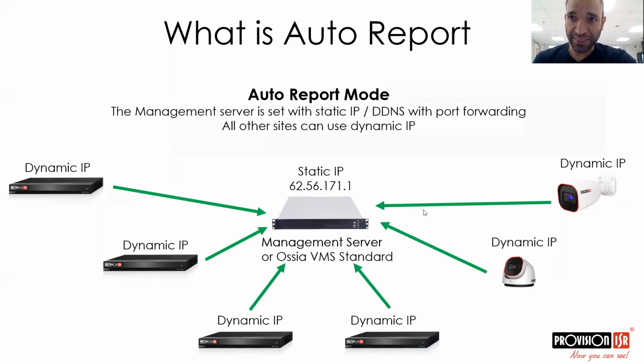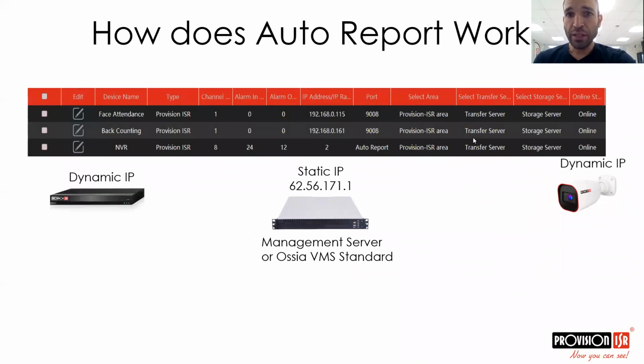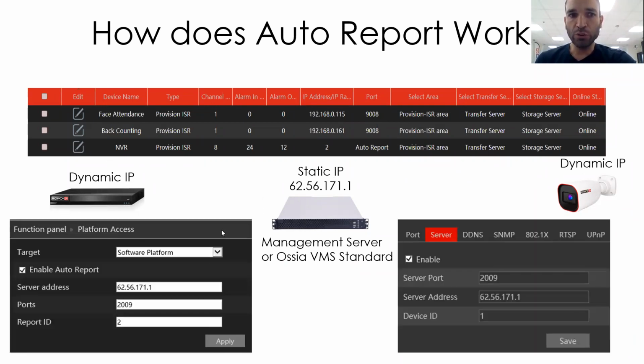Okay, another drill down. You can see that we have here 3 devices, and in a second I will also show how it works practically. So let's say we have an NVR and the camera. We go to the NVR and the camera. We enable the auto report. You can see we set the port 2009 in this case.